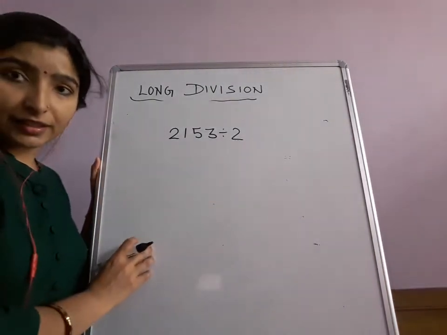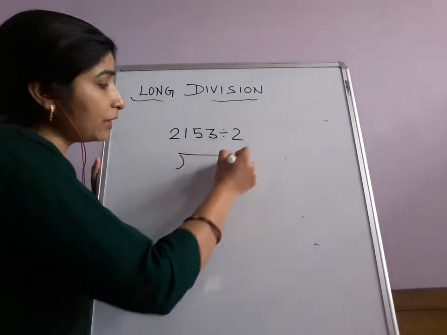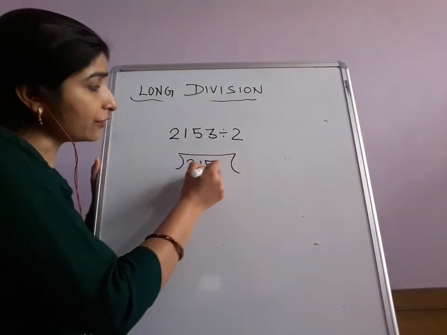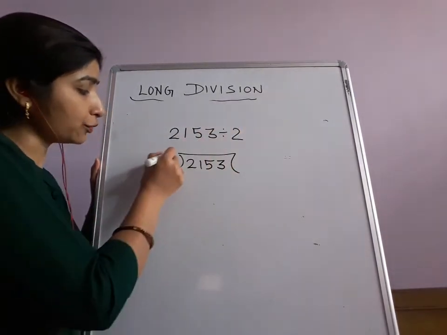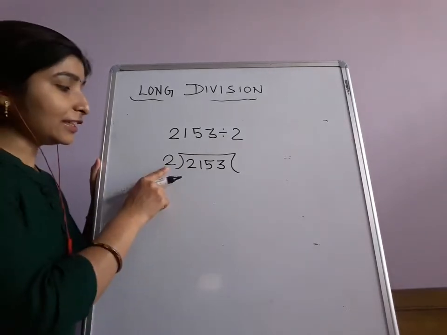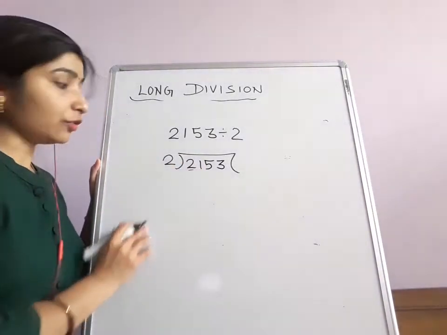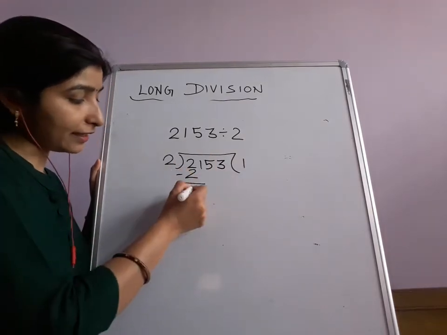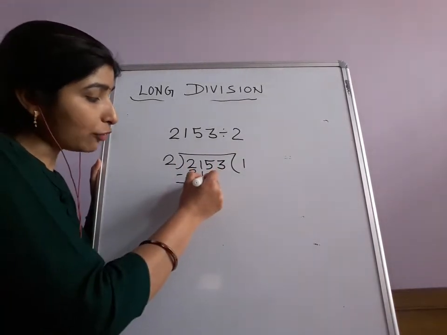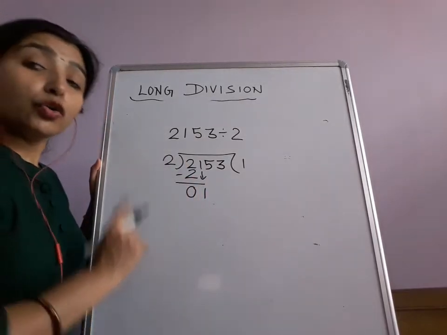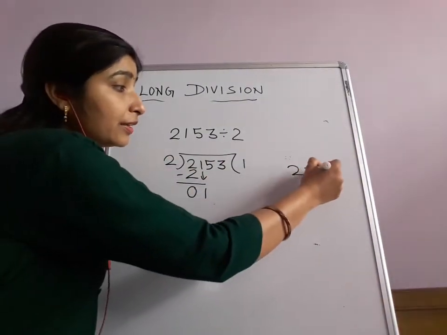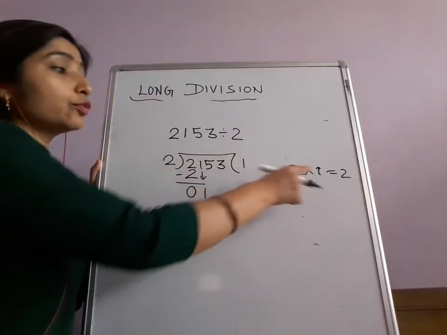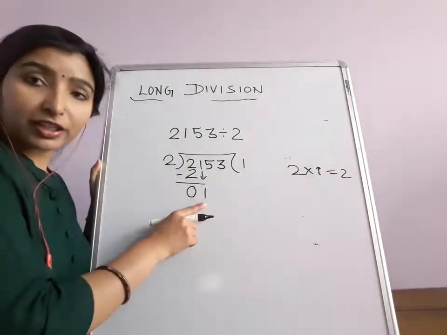Now see this example. In this example, you have to divide 2153 by 2. This is a single digit number, so you will take a single digit. So 2 ones are 2. Now subtract, 0. Now bring down this 1. 2 ones are 2, that is the smallest number in the 2 table. 1 is not coming.